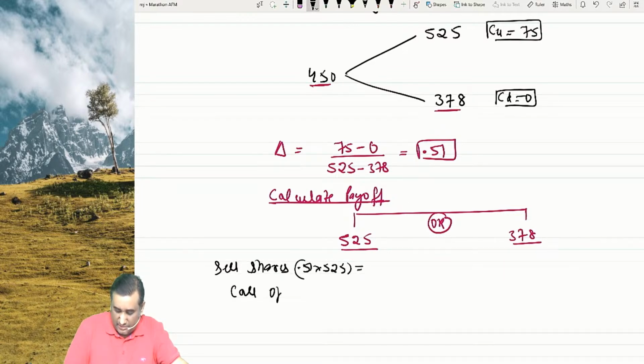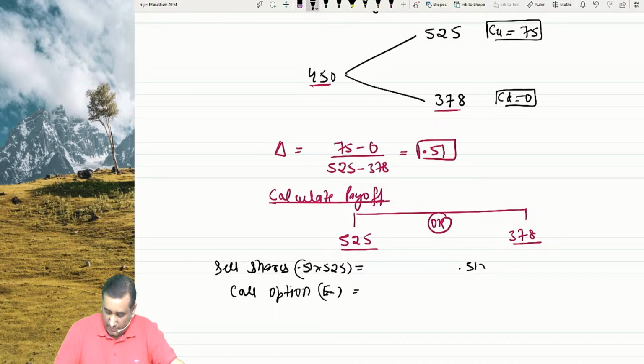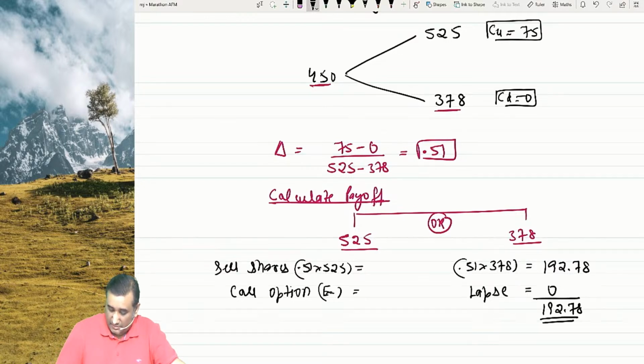Call option, 5 1. 192.7. Would be 192. How much loss you have here? 70.